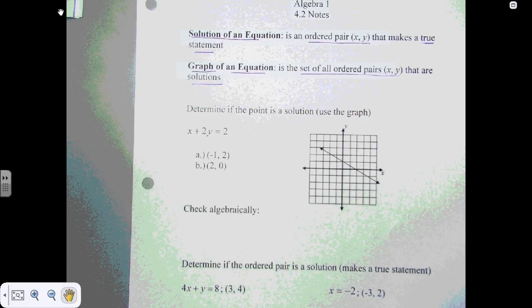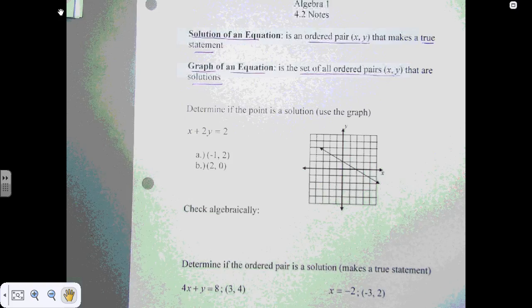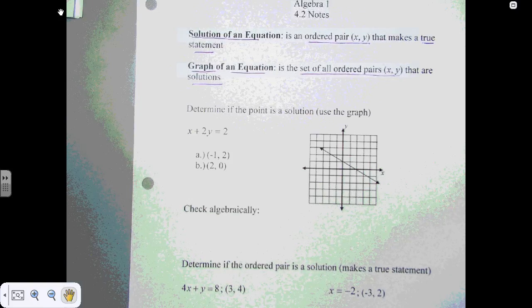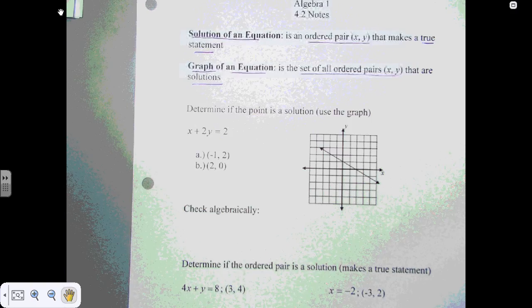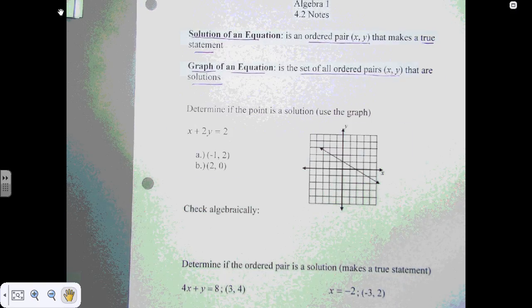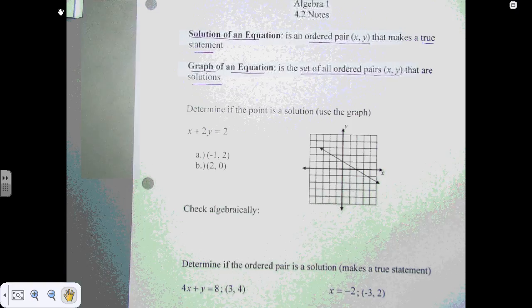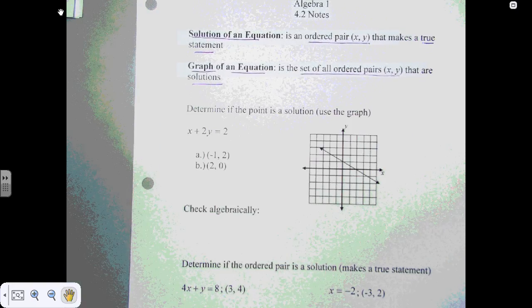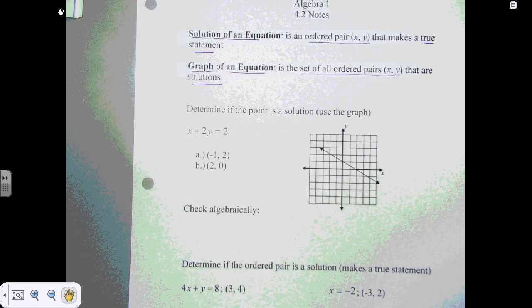All right, so what I want you guys to do is at your tables, and Tim, you can pick either A or B, okay? You will do A, Rosemary, and Ethan, you will do B. But at your table, one of you will do A, one of you will do B. Compare answers with each other. And then determine if A or B is a solution to the equation x plus 2y equals 2.